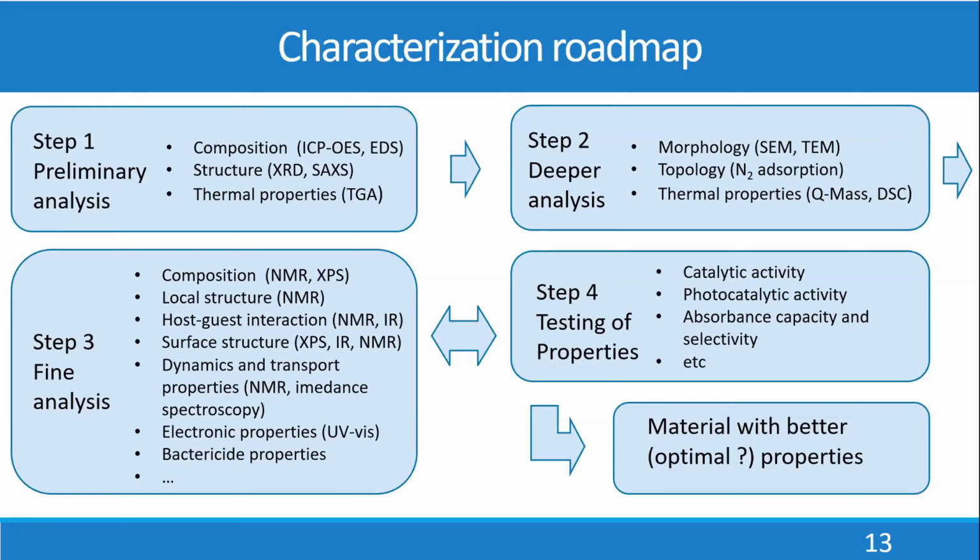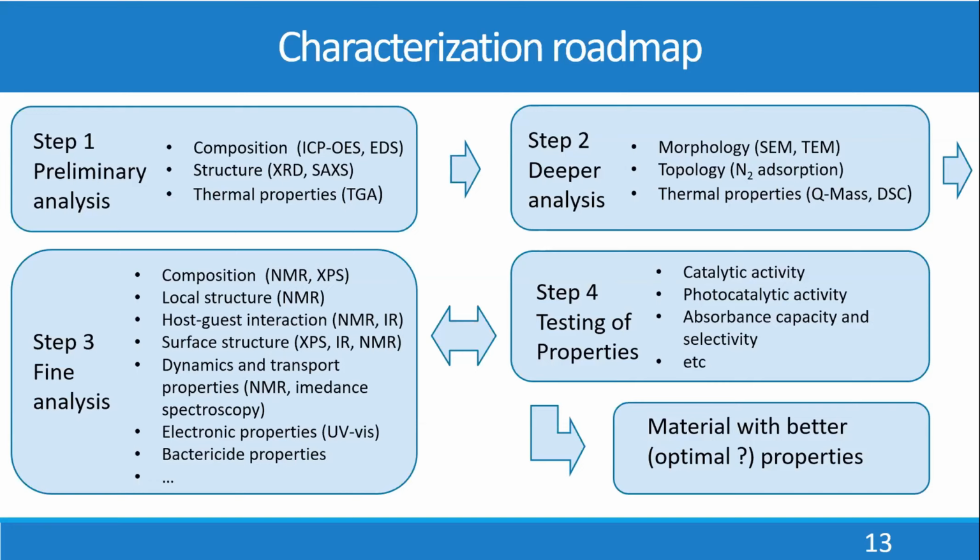And after we know something about the materials, at least that they are really pillared zeolites, we can use other methods for more fine analysis, including, for example, the study of composition using NMR, local structure, host-guest interaction, and so on.